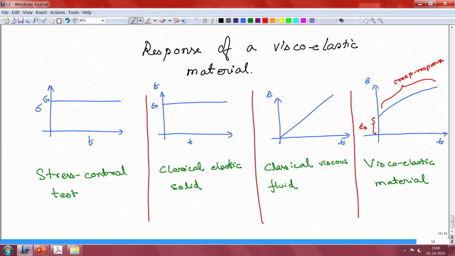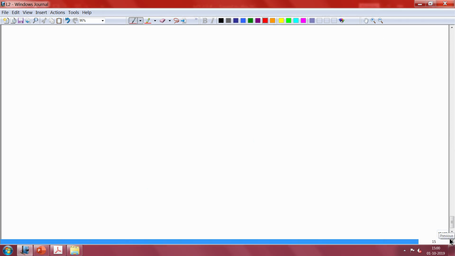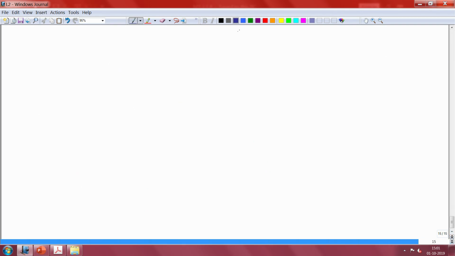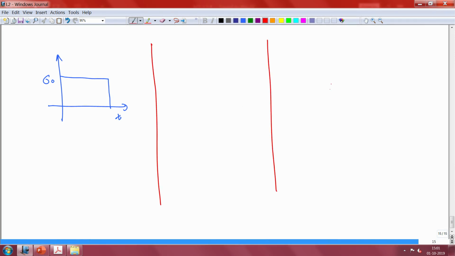And what do you think will happen when you release the stress? So, I am just going to copy this previous diagram, and now I am just going to complete this diagram.